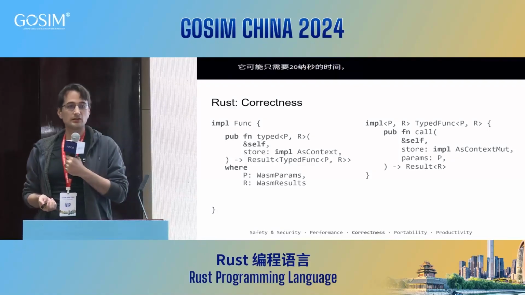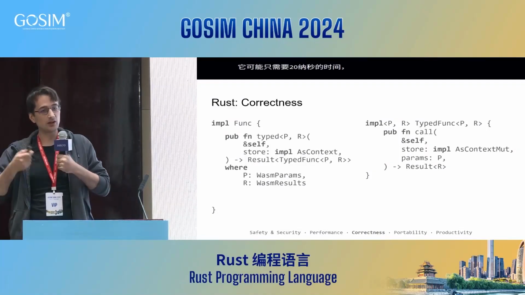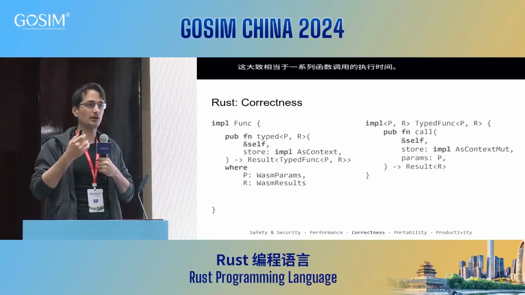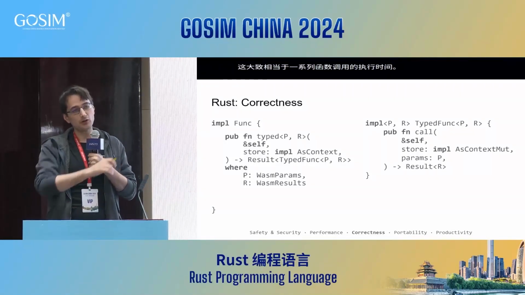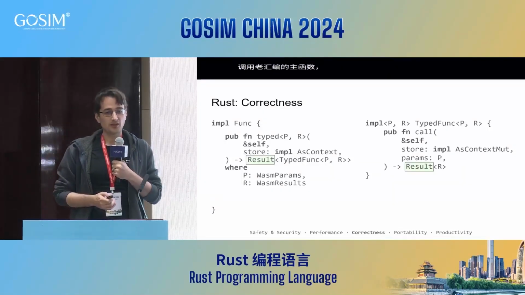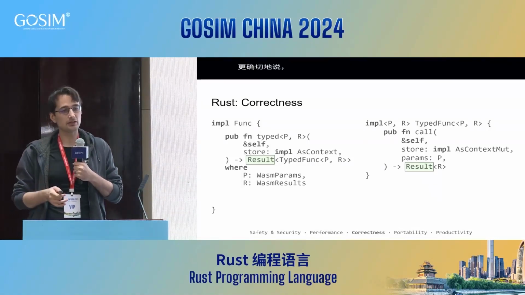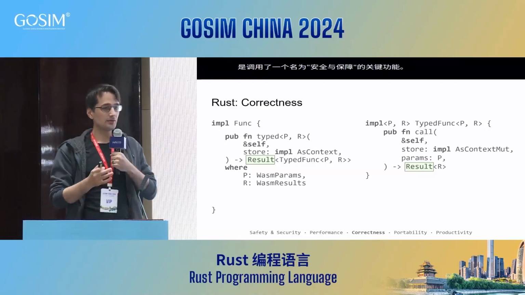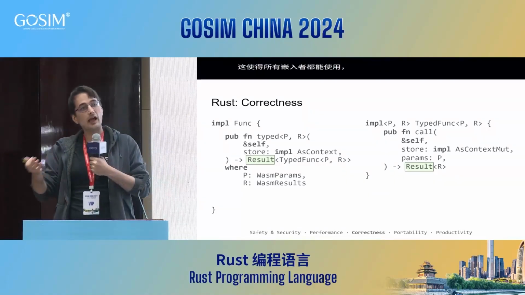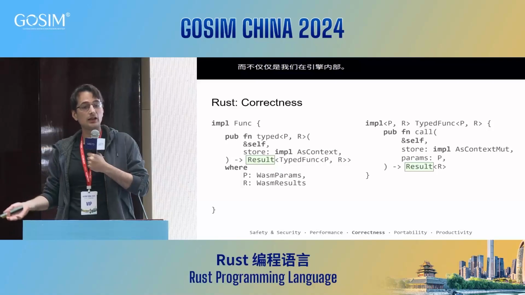So the next aspect is correctness. How Rust is helping Wasmtime be correct by default, sort of if it compiles, it runs just fine. I want to go back to this typed func example. The first thing we'll see are these results. This very clearly indicates that, for example, on the left-hand side, this type check can fail. It could actually take an F32 when you said it took an I32.